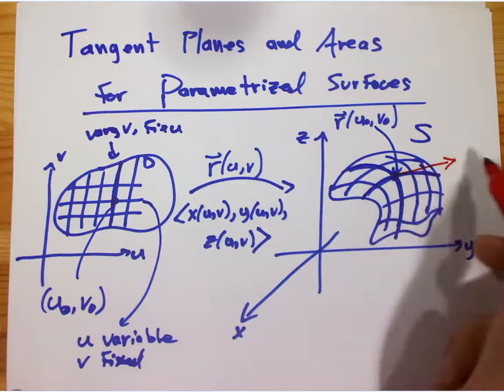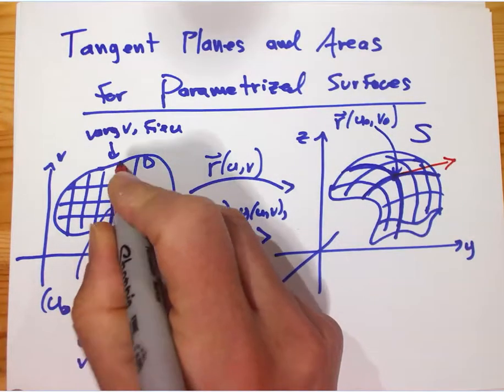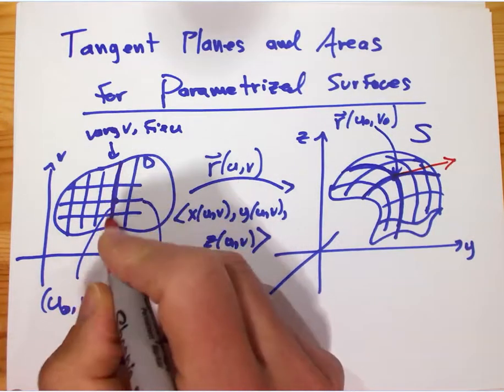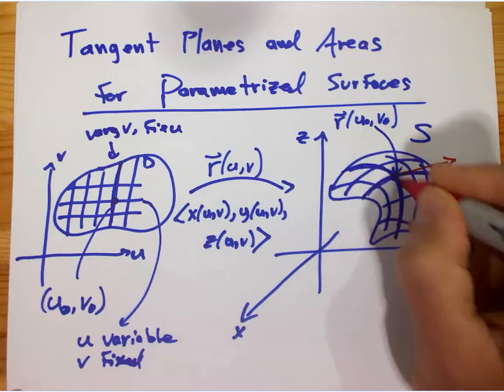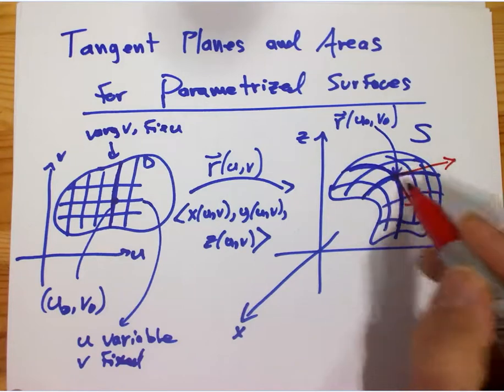So that's one direction that's tangent to the surface. And let's say as I go up and increase v and keep u constant, let's suppose that kind of cranks down this way maybe, and the tangent vector to that guy, the velocity vector to that one, that's also going to be tangent to the surface.